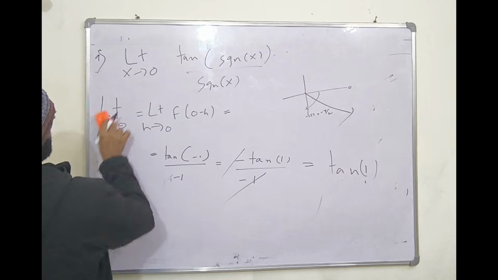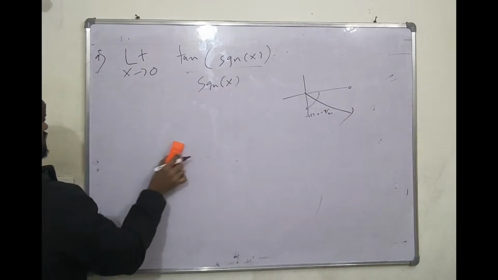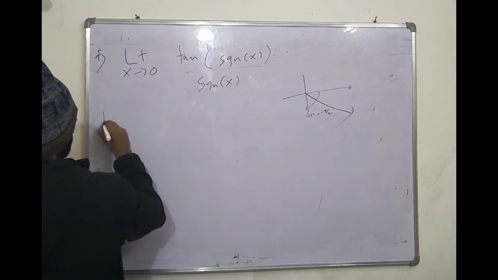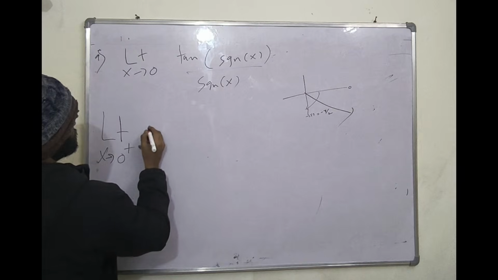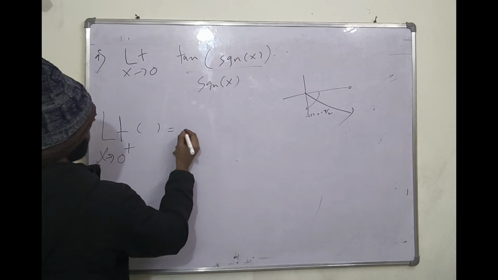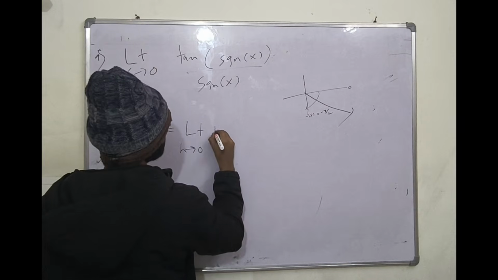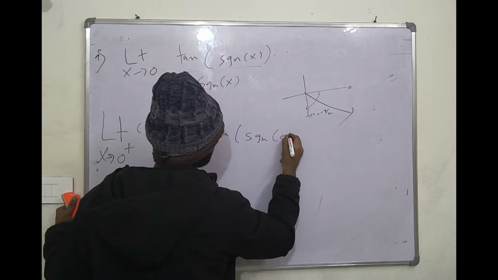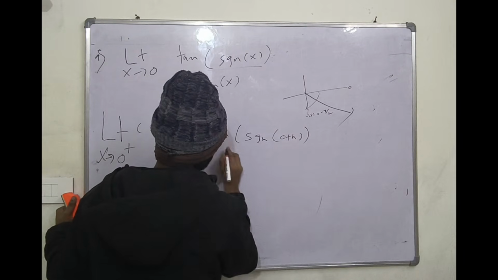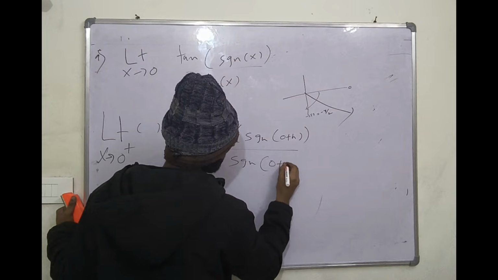Next, similarly we can find the right hand limit. Limit x tends to 0 plus f of x is limit h tends to 0 tan of signum 0 plus h by signum 0 plus h.